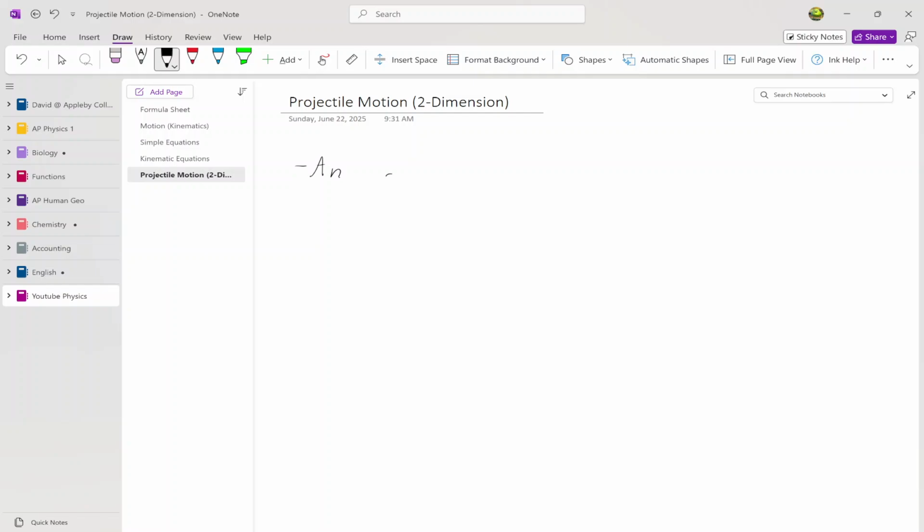Projectile motion is an object moving in two dimensions, in this case x and y, horizontal and vertical, under the influence of gravity only.